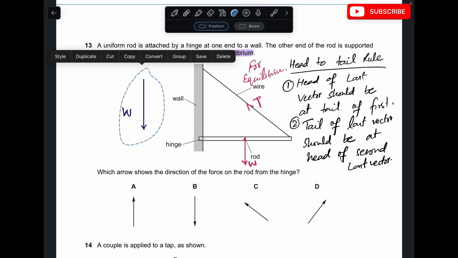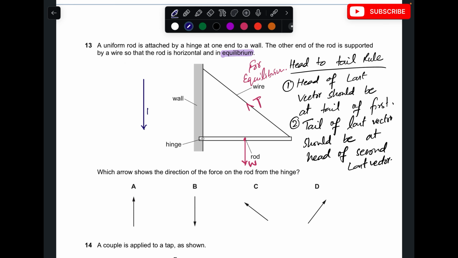When you apply the head to tail rule on it, the tail of the second should be the head of the first. It will be somehow like this. Okay, this is the tension. The resultant should have its tail on the head of the second last and its head on the tail of the last.